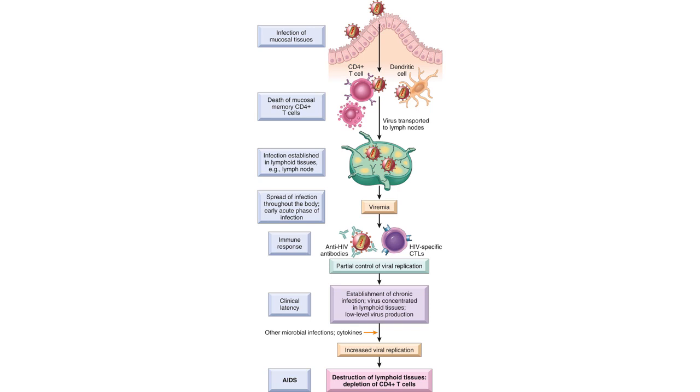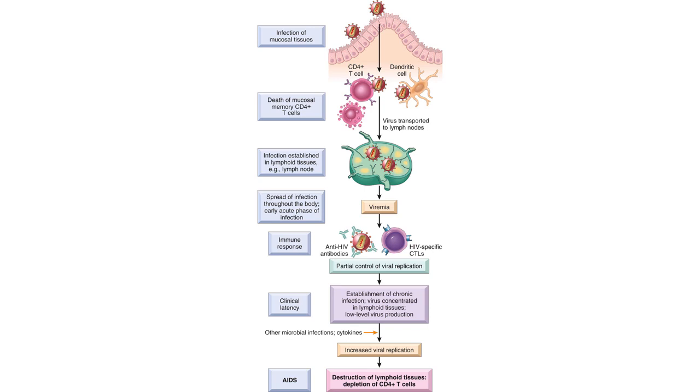The cytotoxic T cells kill directly the infected cells so that spread and activity of the human immunodeficiency virus is halted. So, first there is viremia, and in this phase, the patient becomes initially symptomatic.